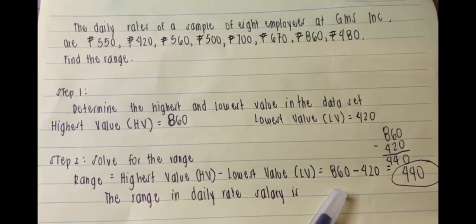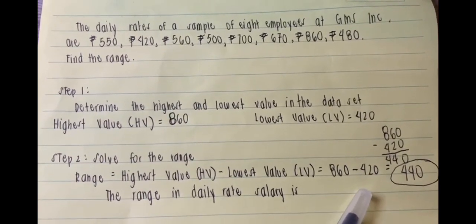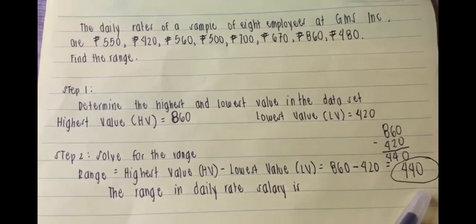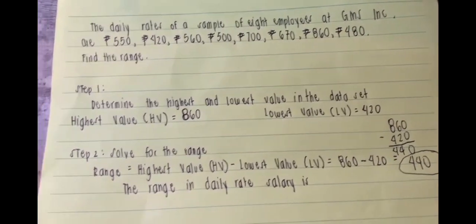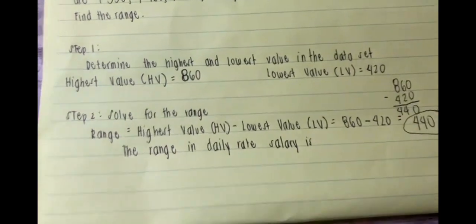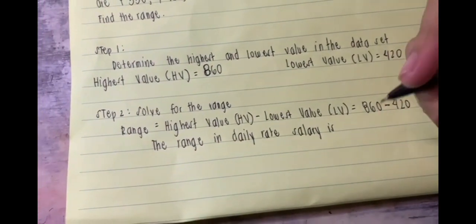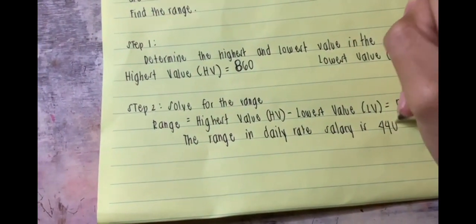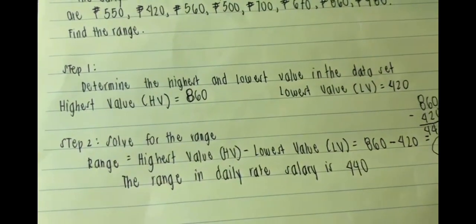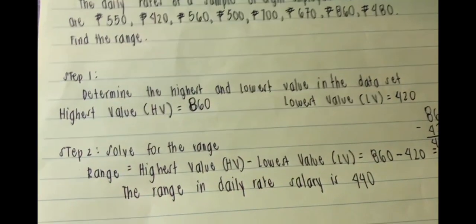So, 860 pesos minus 420 pesos equals 440. So, 440 ang ating range. So, the range in daily rate salary is 440.